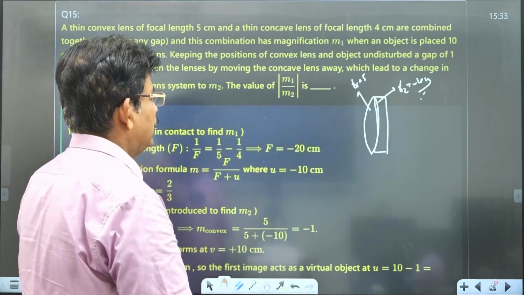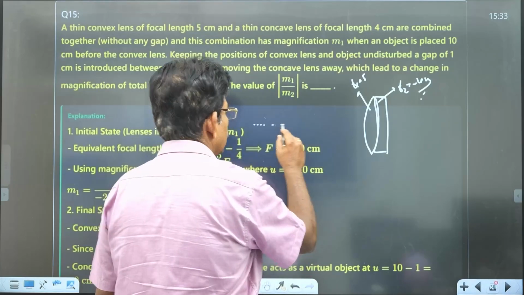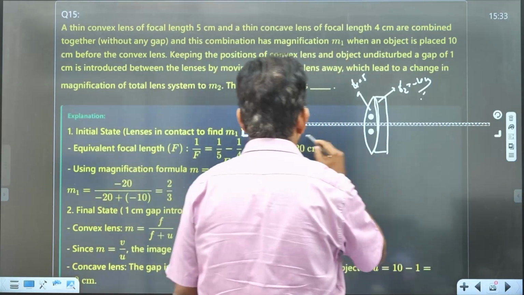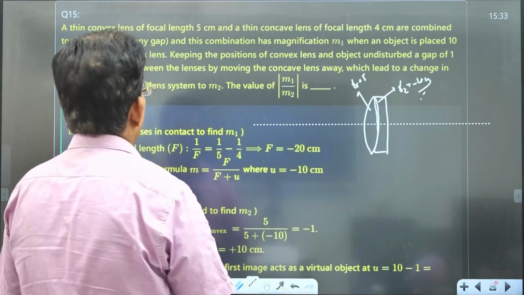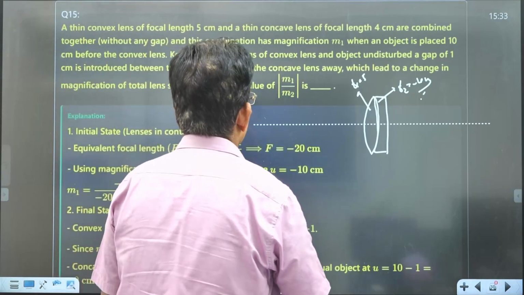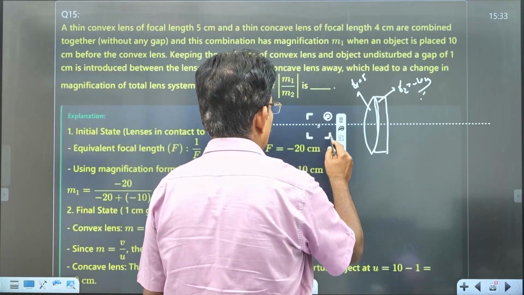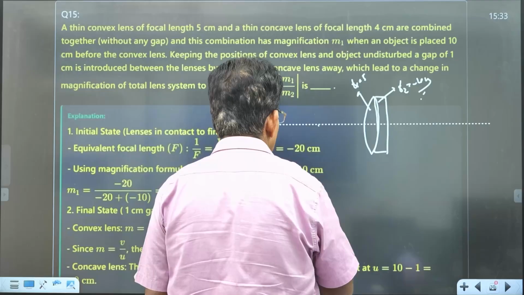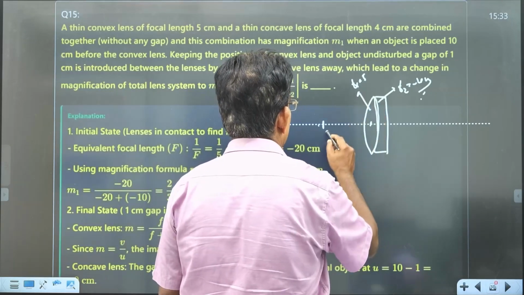Now, in the first case, an object is placed at 10 centimeter before the convex lens, and it is easy for you because the focal length is 5 centimeter.